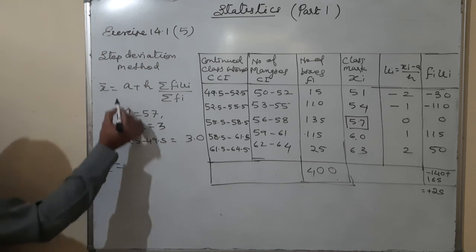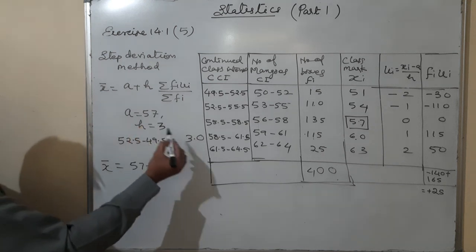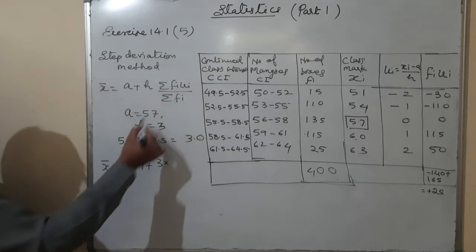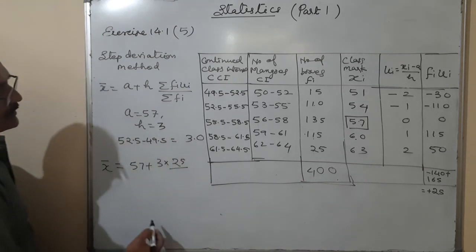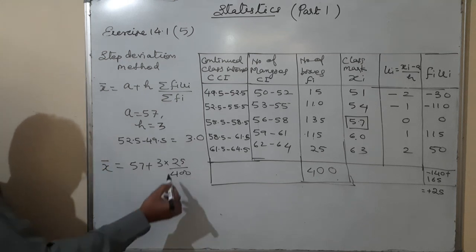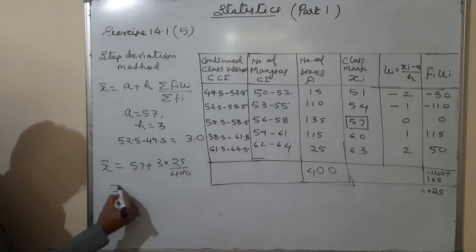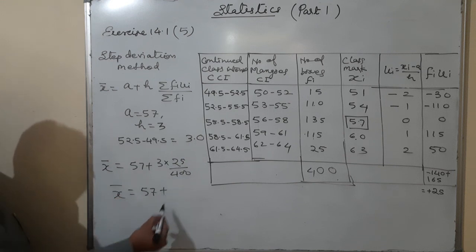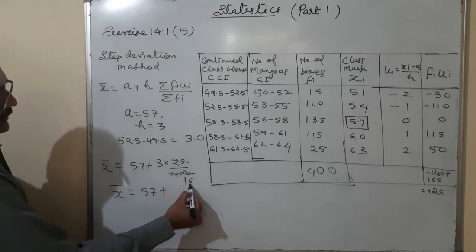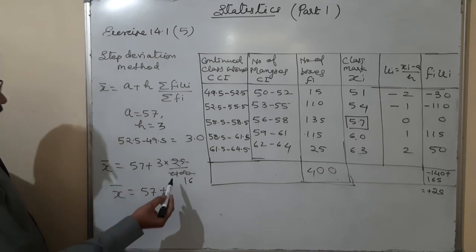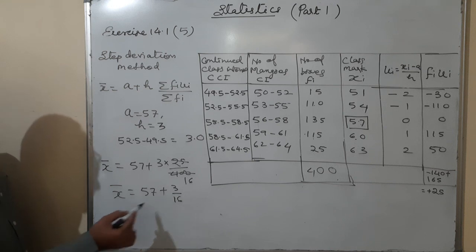X bar is equal to A, the assumed mean, 57, plus h 3 times summation Fi ui 25 upon summation Fi 400. So what is the answer here? X bar is equal to 57 plus 25 divided by 16, times 3, that is 3 upon 16, which is not divisible evenly.